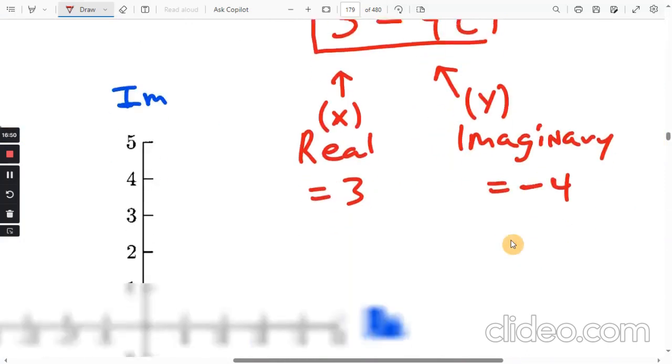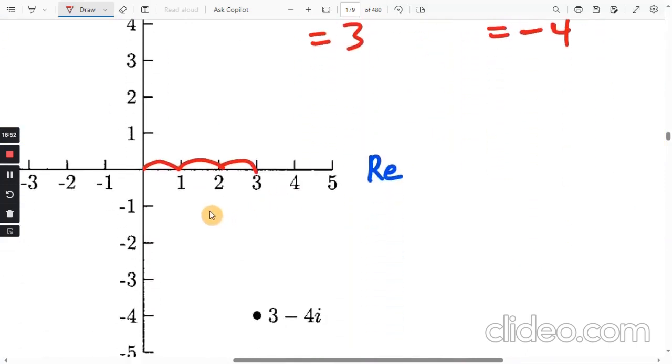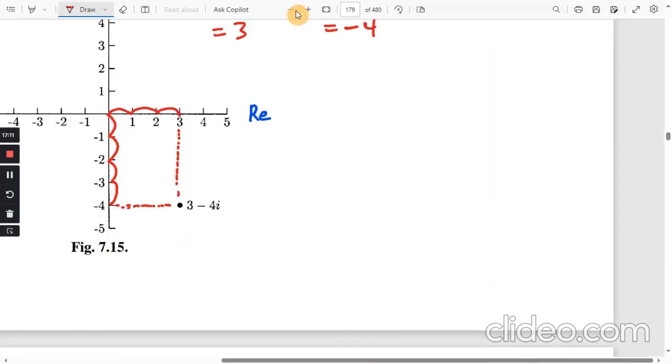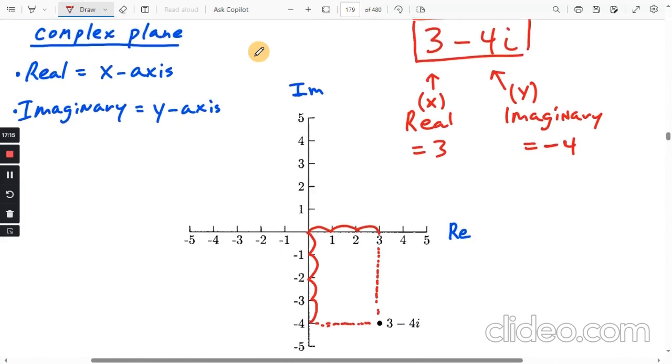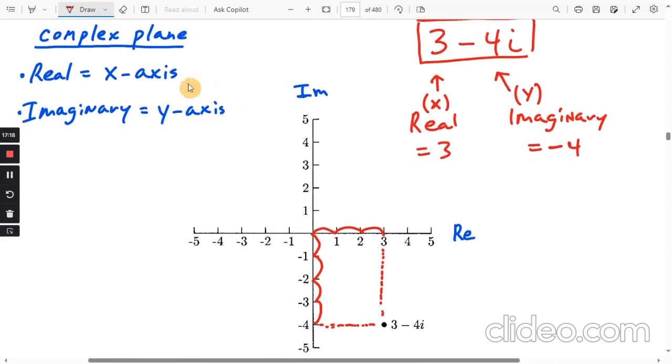Negative 4 means you go down 4: 1, 2, 3, 4. Where do they meet? Right at that point right there. So that's how you plot a complex number in the complex plane.